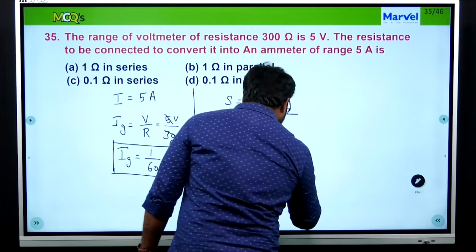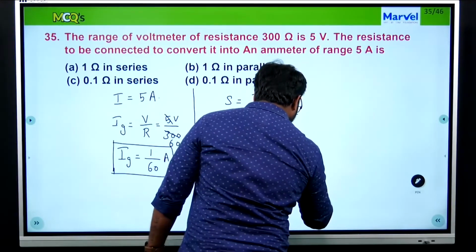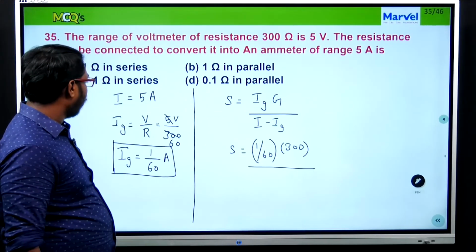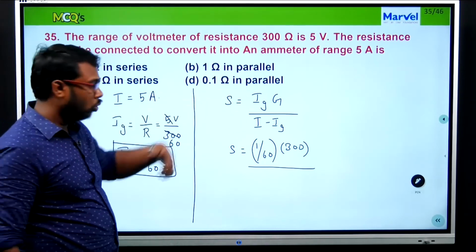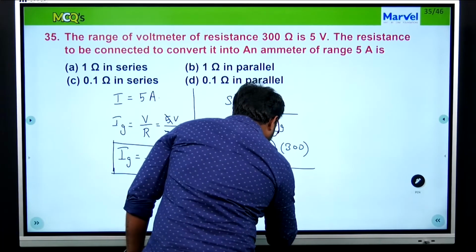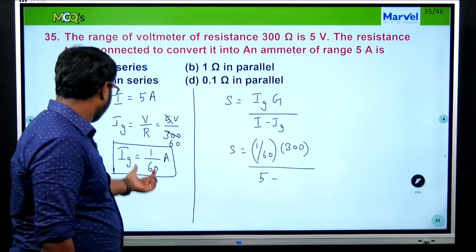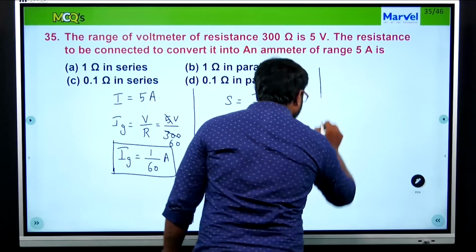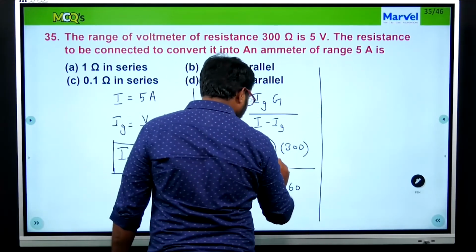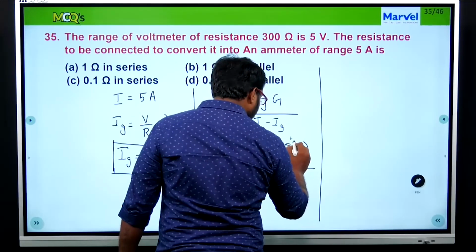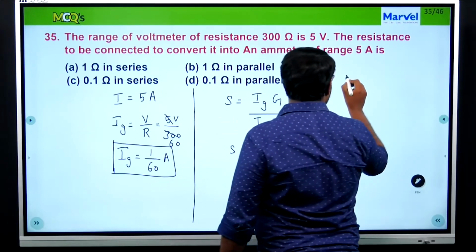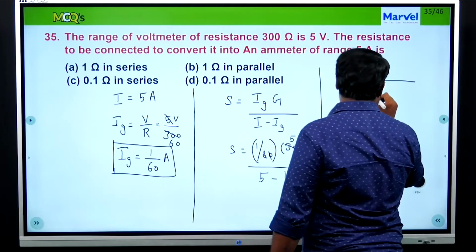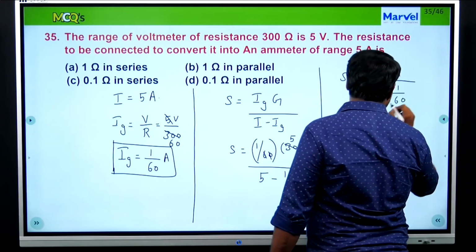It is 300 ohms, divided by, what is the current that we are going to pass through it? It is 5 amperes minus Ig, which is again 1 by 60. So I just cancel this, we will get 5 in here, where S is equal to 5 divided by 5 minus 1 by 60.